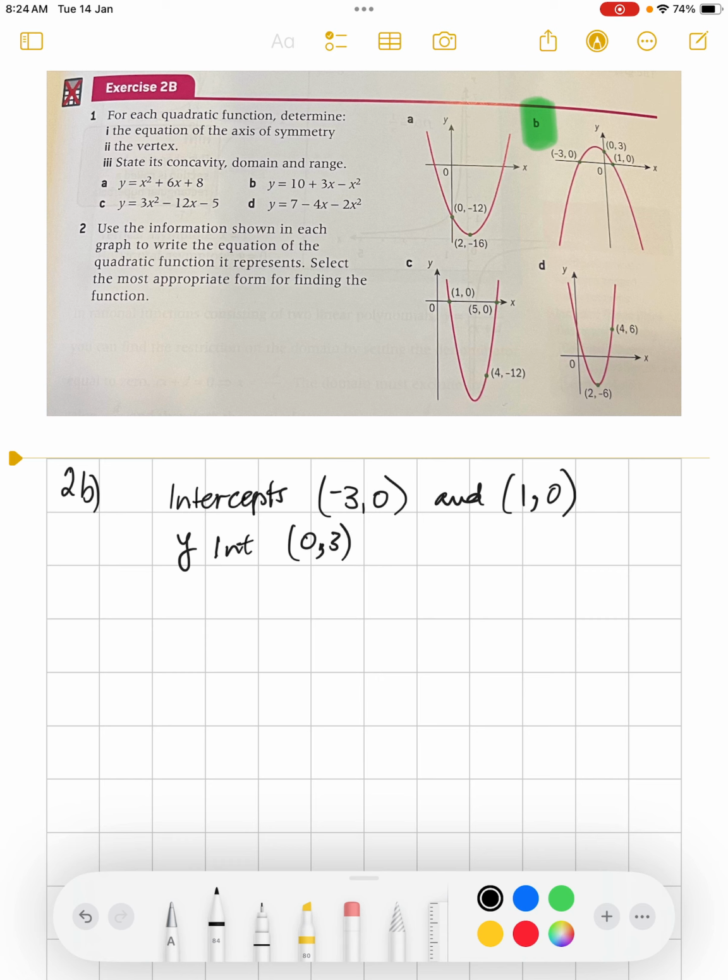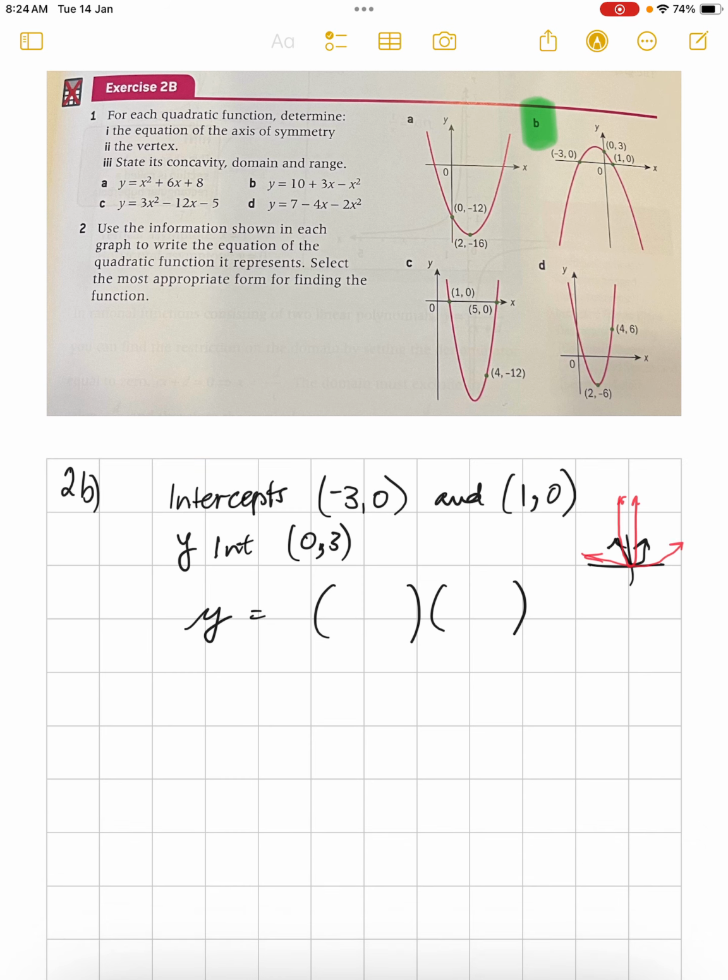So let's first of all write the fact that we know if we've got the intercepts, we could just simply use this method. And we've got to remember that sometimes our original parent function could be stretched. If it's stretched or if it's squashed down, it could still turn.